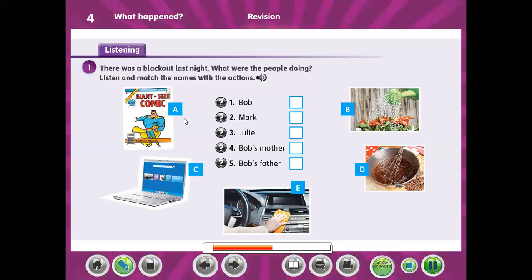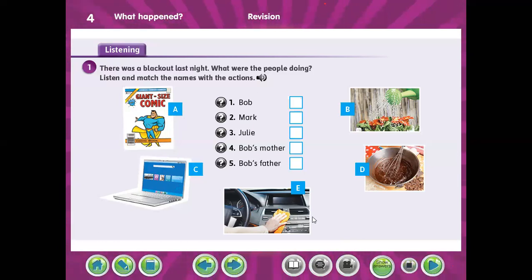Suddenly, there was a blackout. We couldn't see a thing. Oh, I see. Where was your sister, Julie? What was she doing? She was in the garden. She was watering the plants. And what about your mum, Mrs. Adams? What was she doing? She was in the kitchen. She was making a cake. It was a chocolate cake. What about your dad, Mr. Adams? My dad was in the garage. He was cleaning the car, but he couldn't see anything, so he stopped.